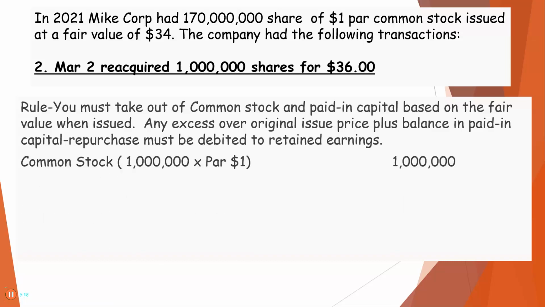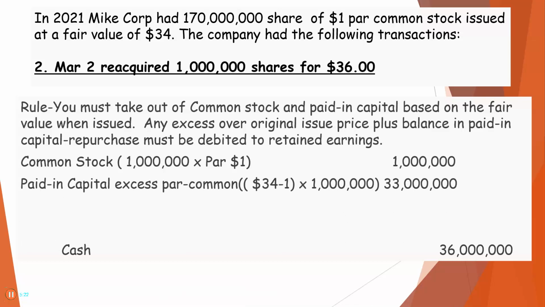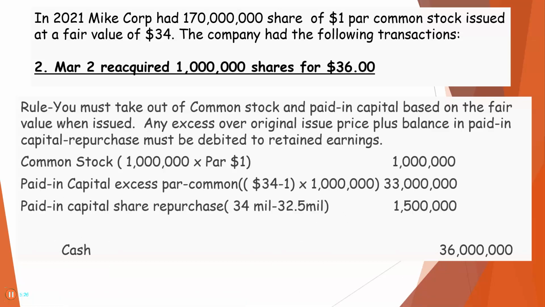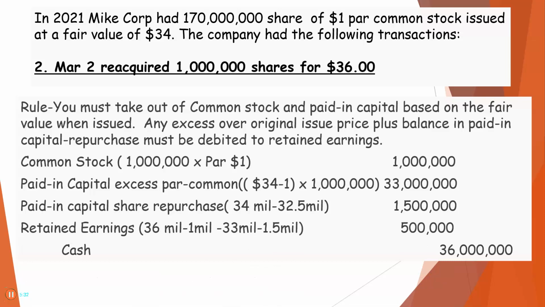Again, we do the common stock, we do our cash, paid in capital in excess of par, we take out the amount that we have sitting in paid in capital share repurchase, and the difference is going to go to retained earnings. It's a plug. Okay, that's how that works.